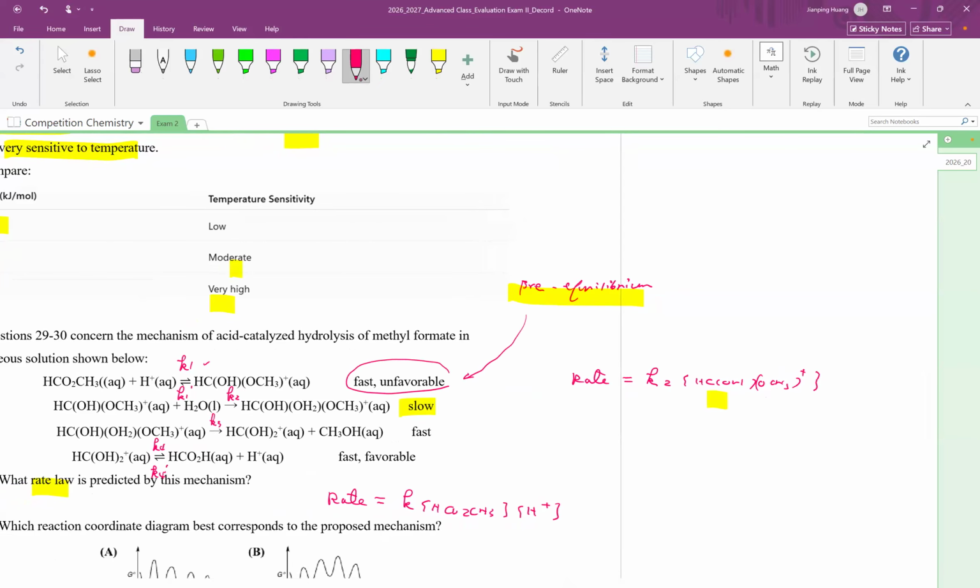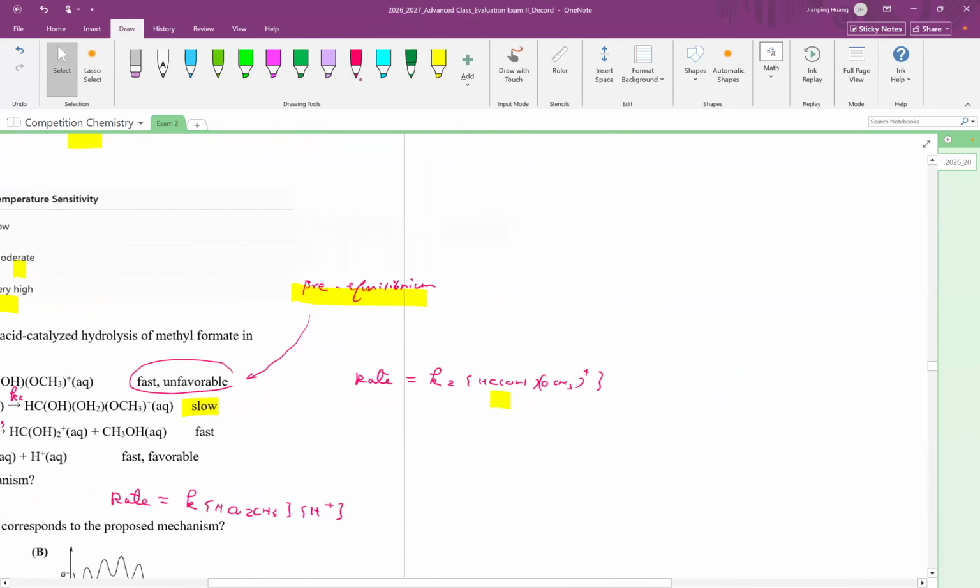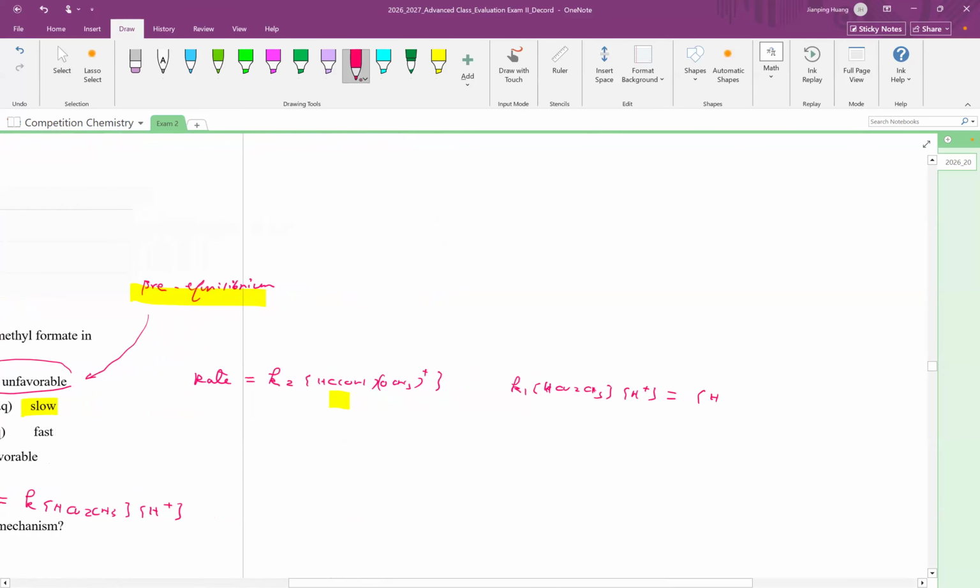So in pre-equilibrium, we can treat it as an equilibrium, which is K1, HCO2, CH3, equal to HCOH, OCH plus.